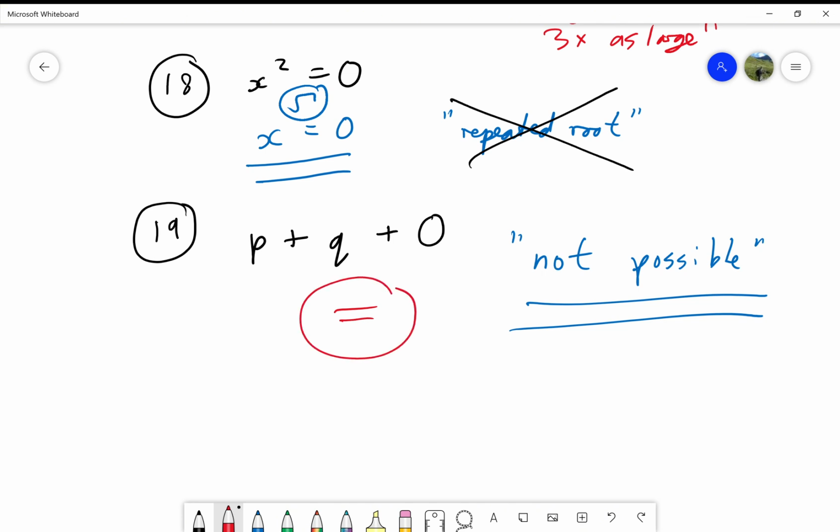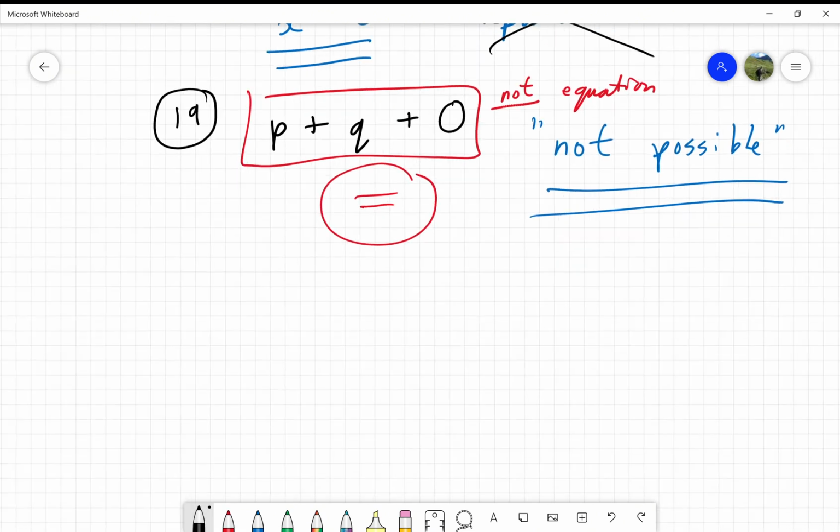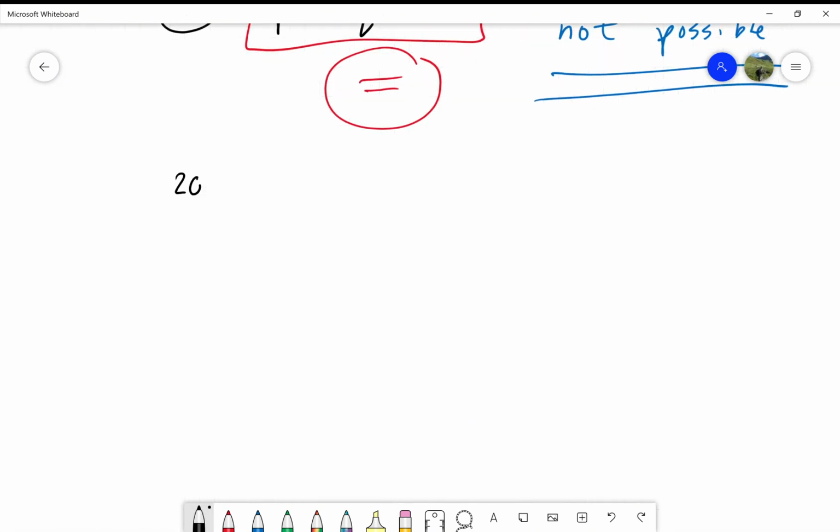I actually meant to write an equals there somewhere, but it doesn't matter. This is a different question. It's still interesting. This is not an equation, and therefore we can't solve it. It's just a statement. It's just a value. So there's nothing you can do, which means it's not possible.